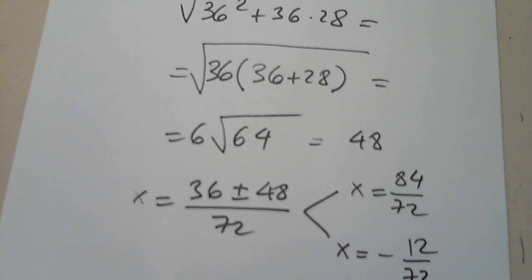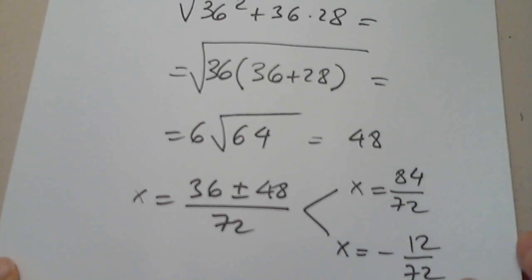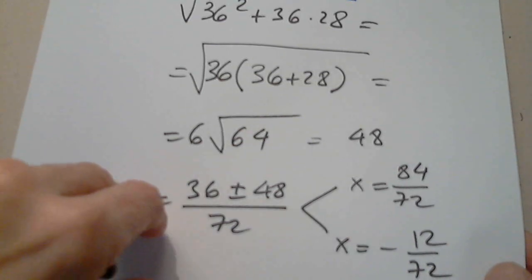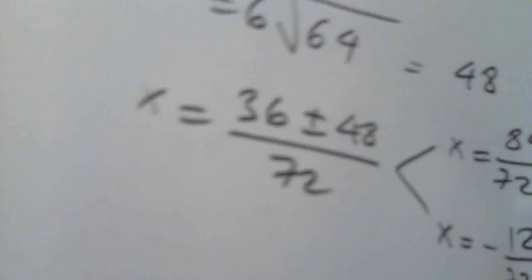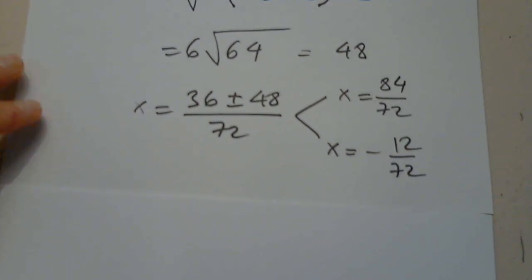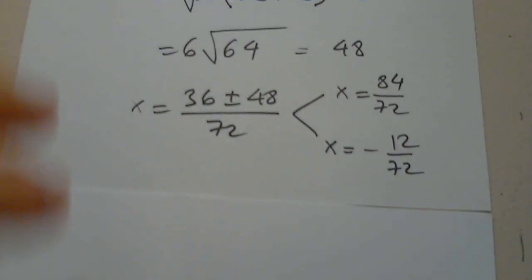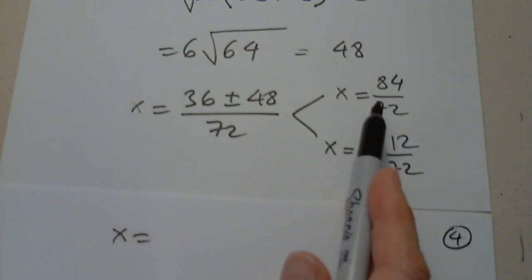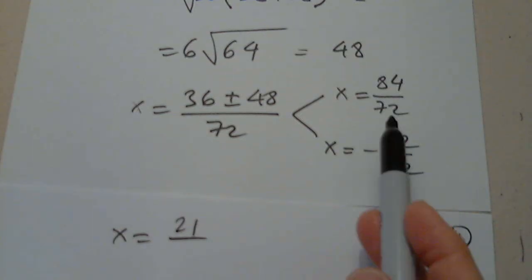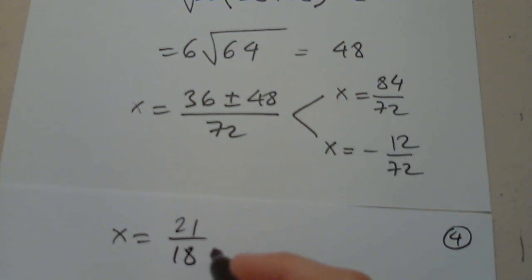And we have to simplify them. This is not done. So if I simplify by 4, the first one will be 21. So x equals, by 4, 21 over 18, and by 3, 7 over 6.